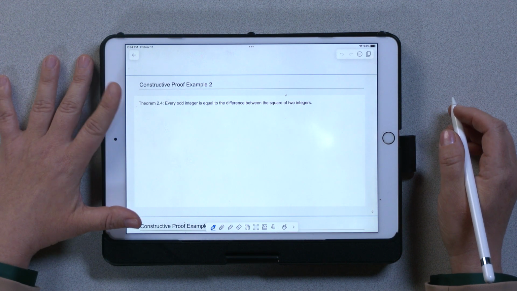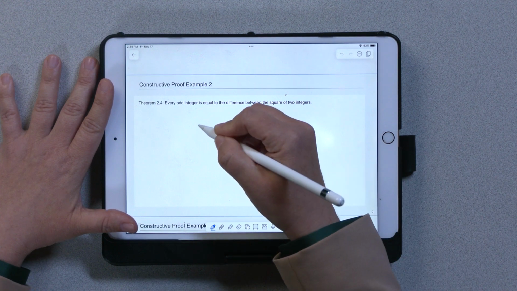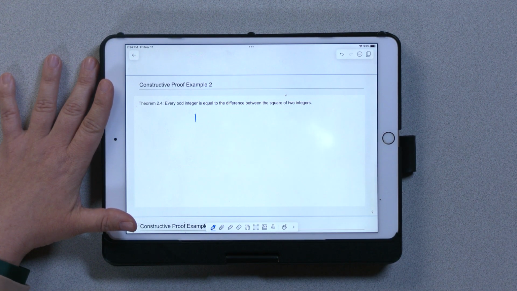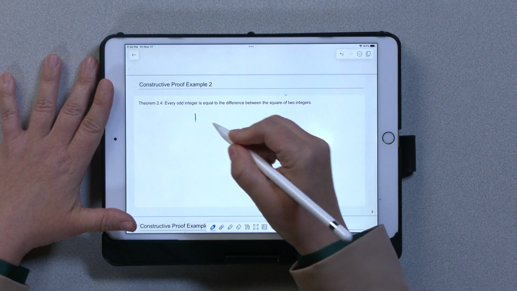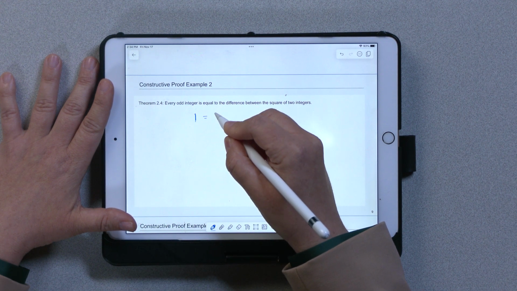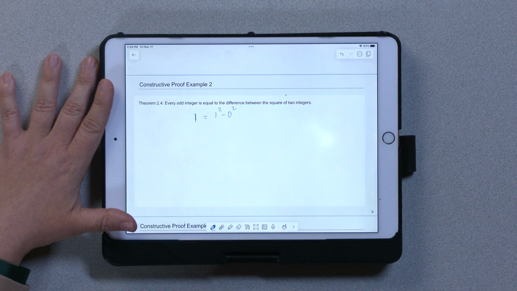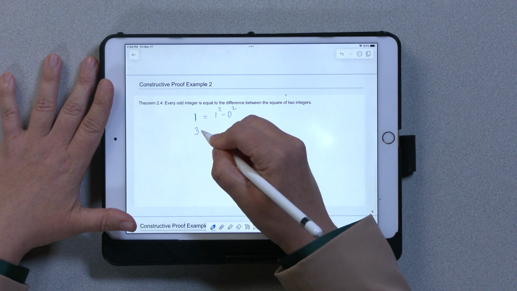So we can take the odd integer 1, and we want to show that this is the difference between the square of two integers. Well, 1 is equal to 1 squared minus 0 squared. And now the next odd integer will be 3.